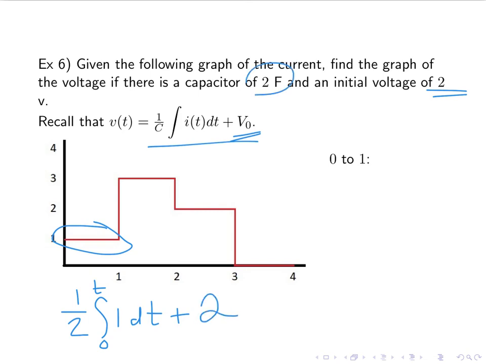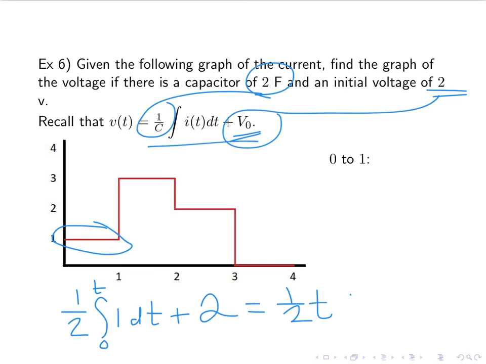Okay, so this 2 is my 1/2, this 2 is my plus 2. So when I integrate 1 dt, I have t from 0 to t, which is just going to be t. So 1/2 t plus my 2, and that's going to be my equation from 0 to 1.